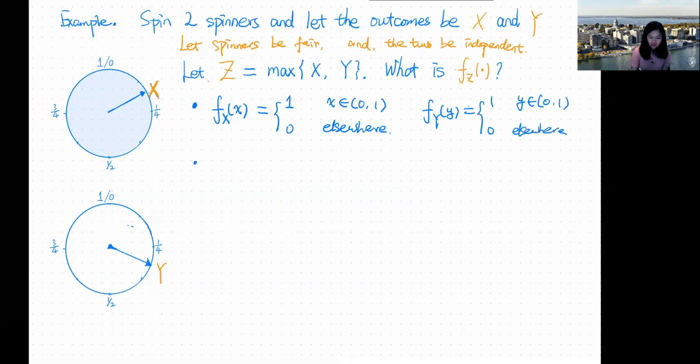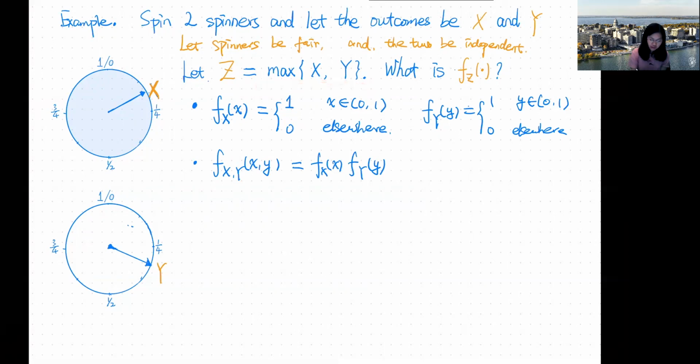And because they are independent, the joint density equals the product.